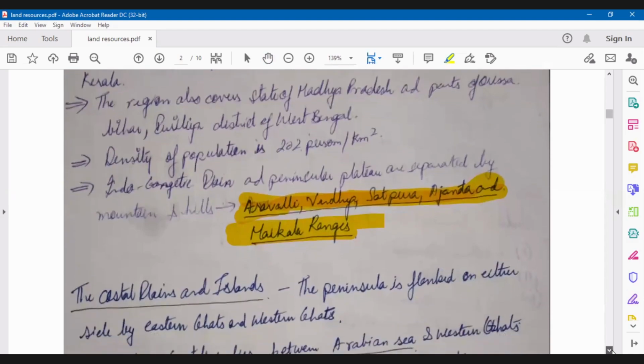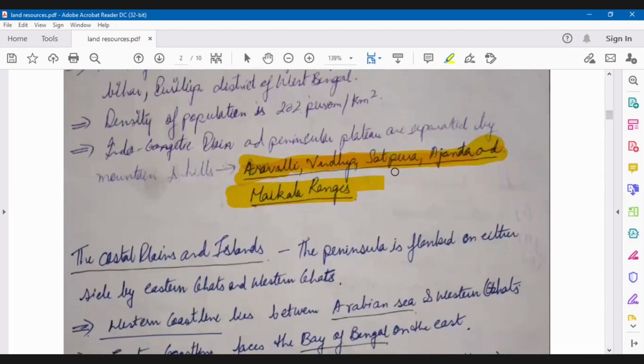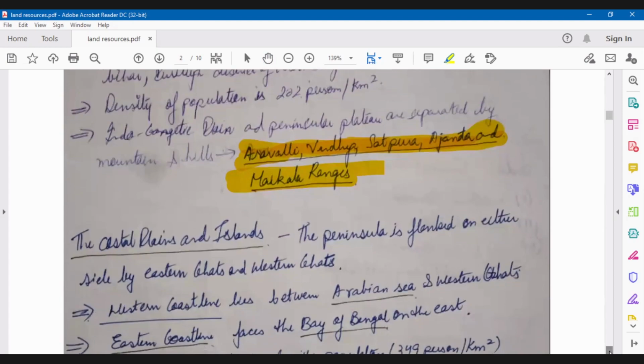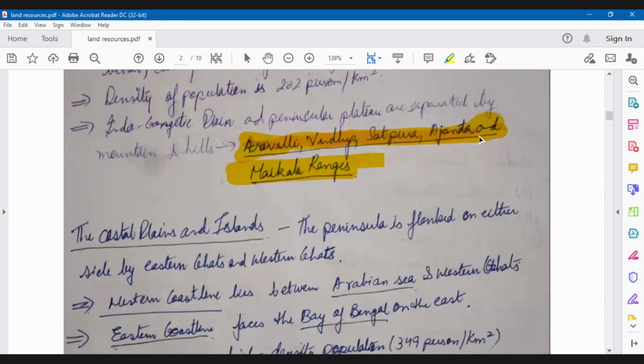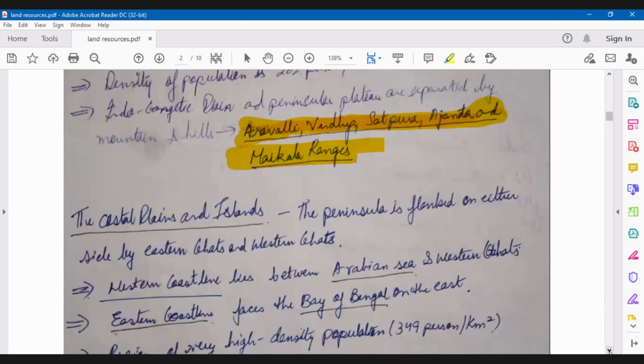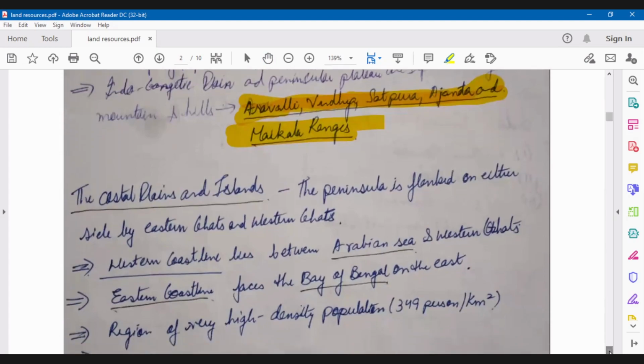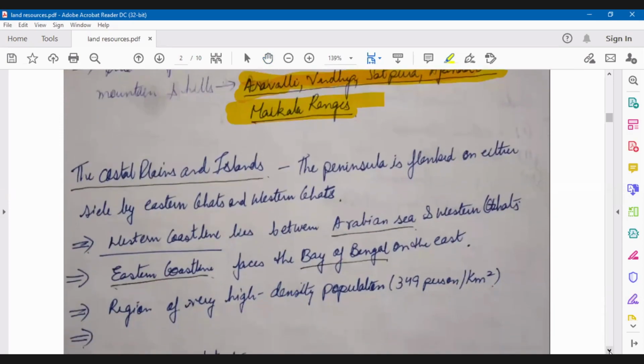So how much rainfall happens and where, these ranges decide a lot. So these 4-5 ranges separate your Indo-Gangetic plain from your Deccan Peninsula, so South India or North India, if you can say.